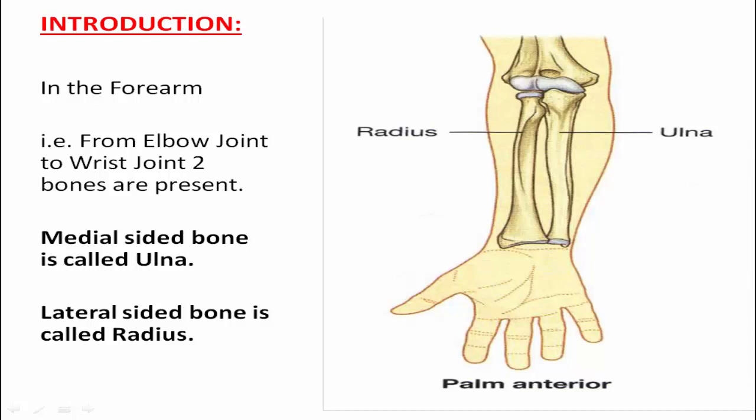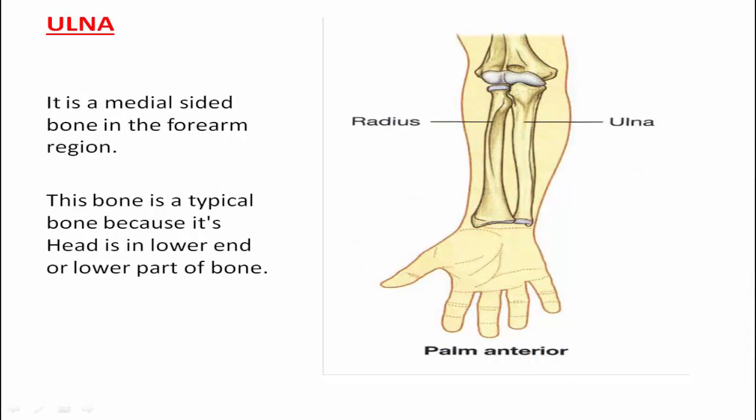Another view, that is the palm view: if the palm faces anteriorly, then on the little finger side the ulna is situated, and on the thumb side the radius is situated. This bone is a typical bone because its head is in the lower end or the lower part of the bone.